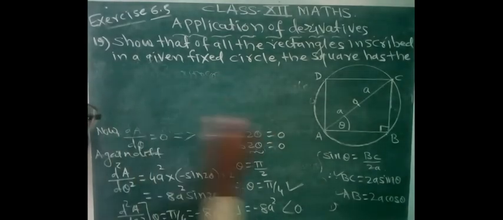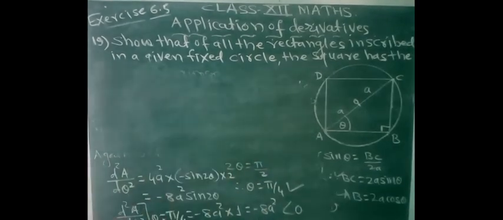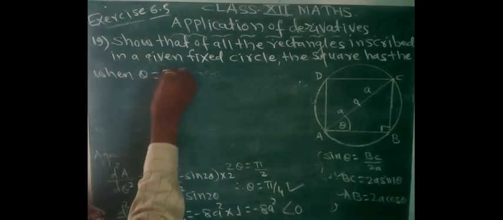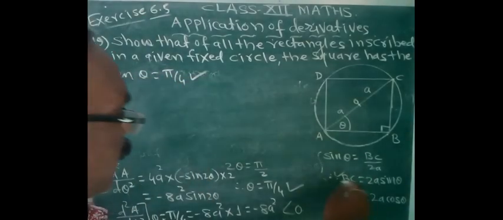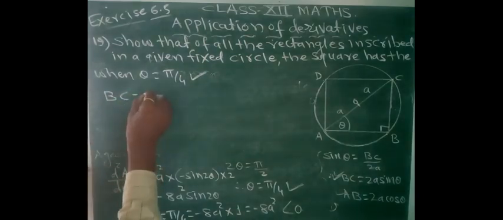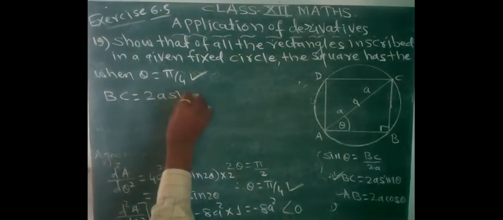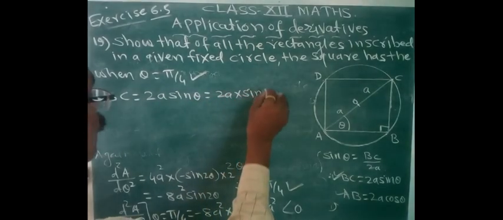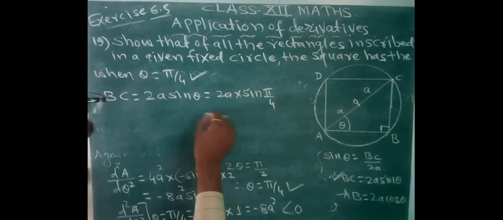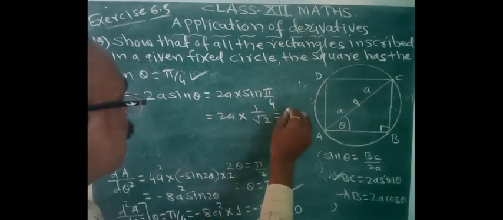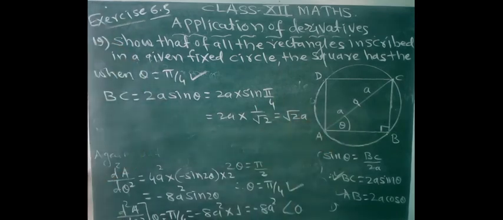Now check what are the sides of that rectangle. When theta equals pi by 4, find this BC. BC equals twice a sin theta, that is twice a into sin pi by 4, sin pi by 4 is 1 upon root 2, so it comes root 2 a.